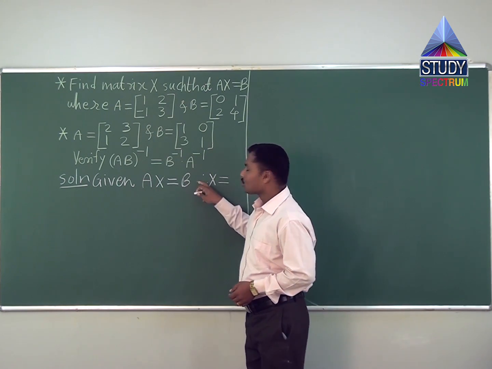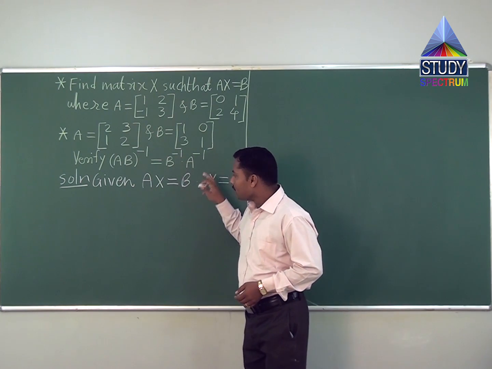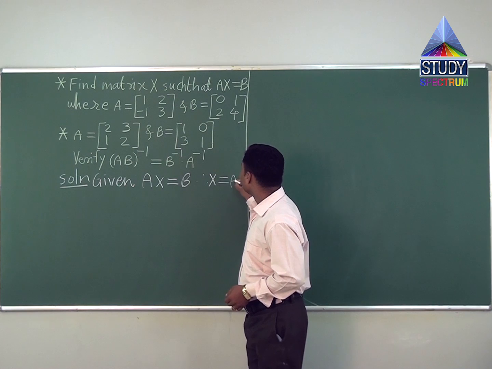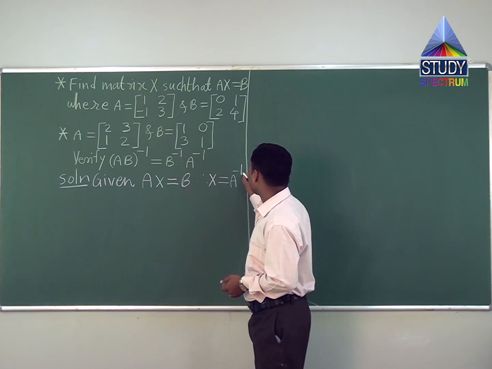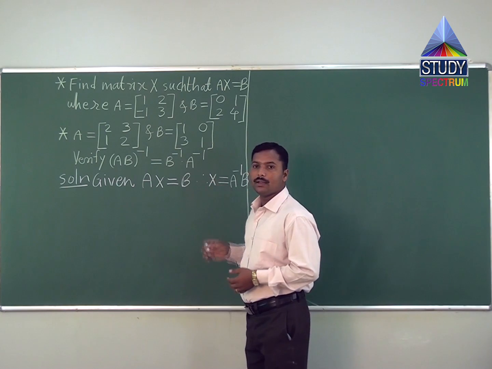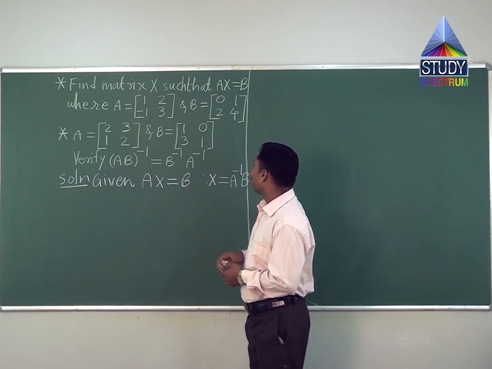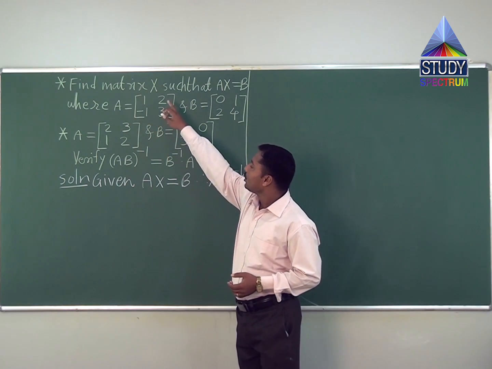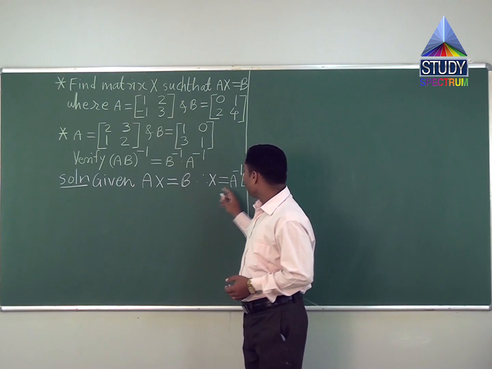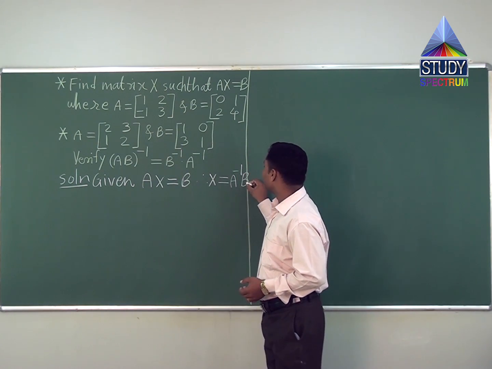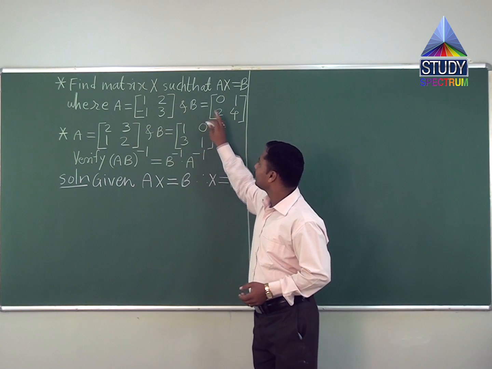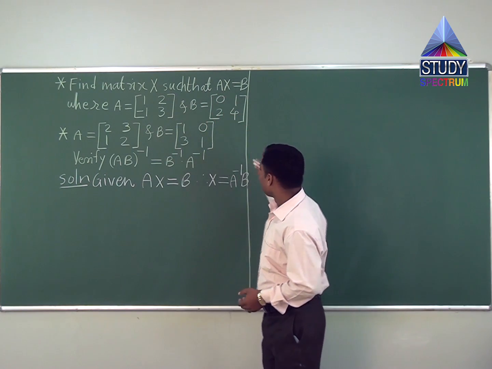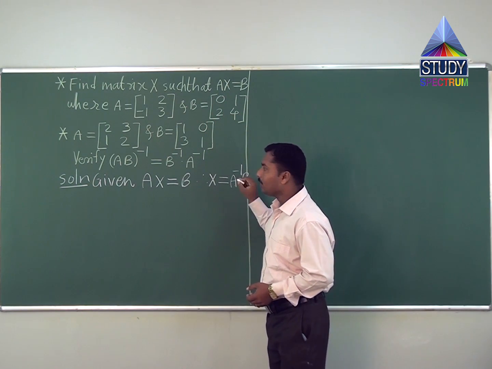A goes to the right hand side and becomes A inverse, into this B as it is. So for finding capital X, we want to find A inverse, because in our hand B is as it is, here is B, but we want to find this A inverse.